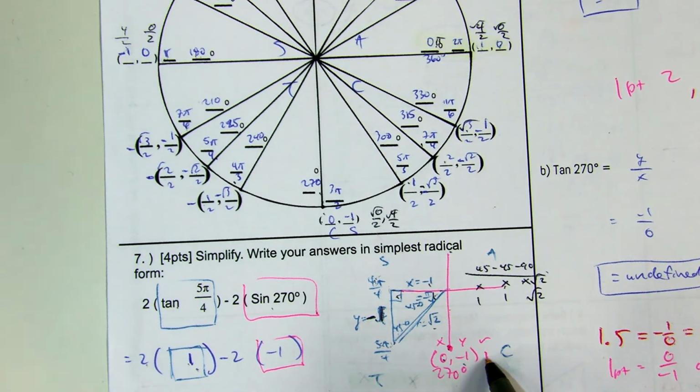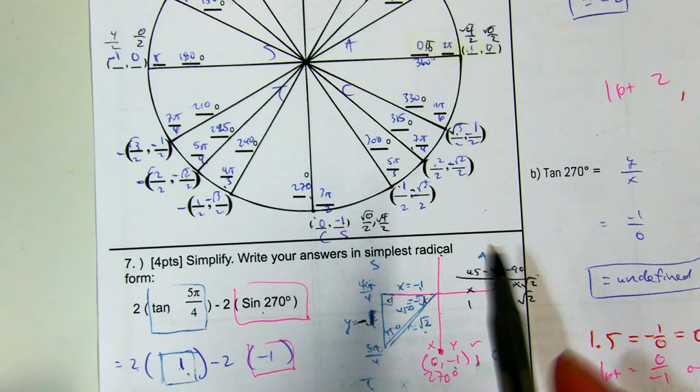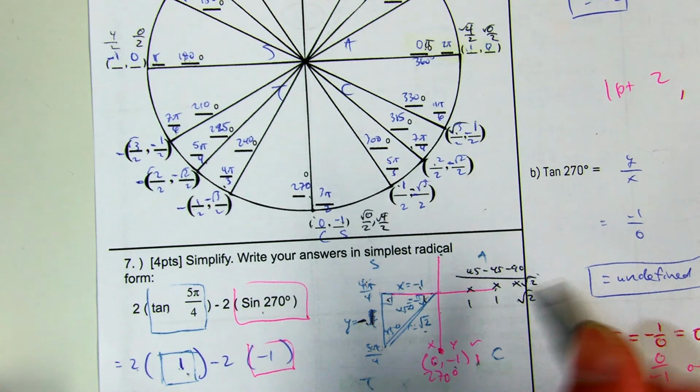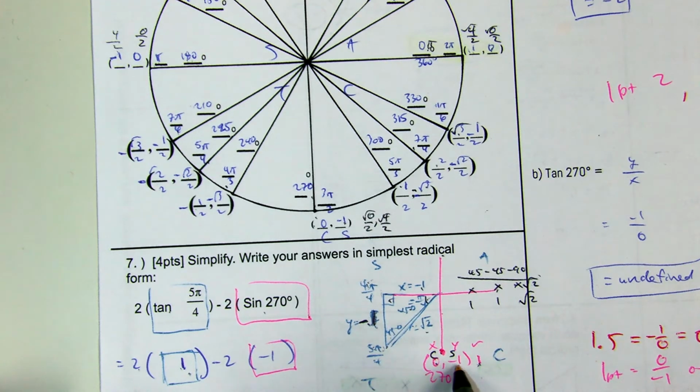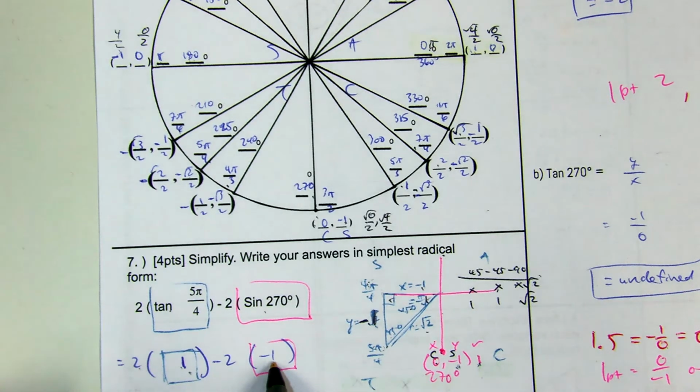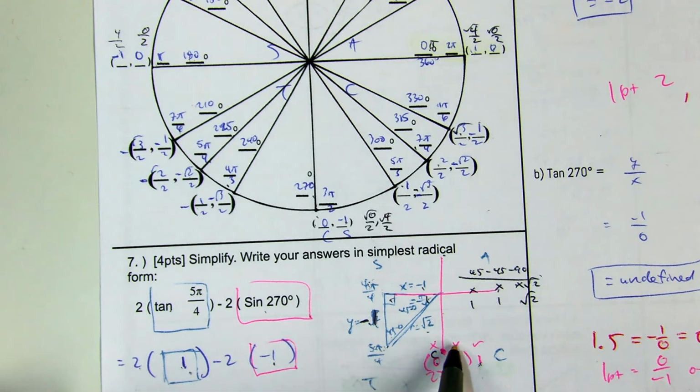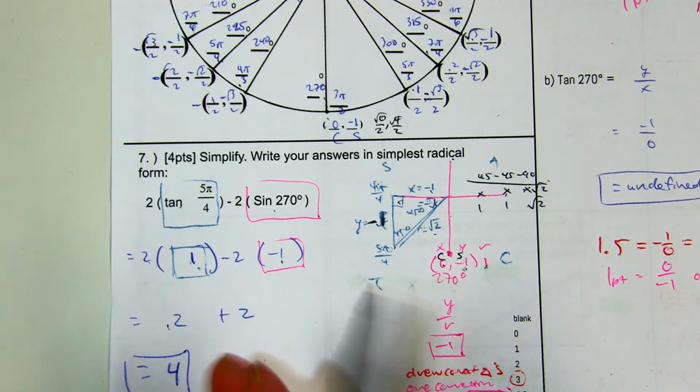And sine, it goes cosine, sine. So your sine value here is -1. Remember, sine is y over r, or the y values. So -2 times -1 is positive 2, and then 2 plus 2 gives you 4 is your correct answer.